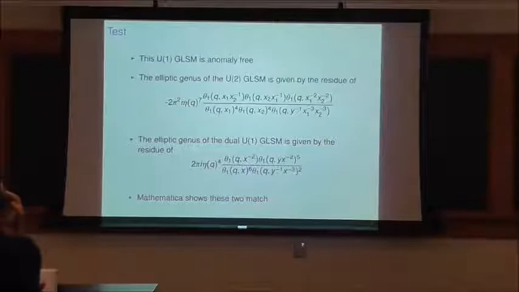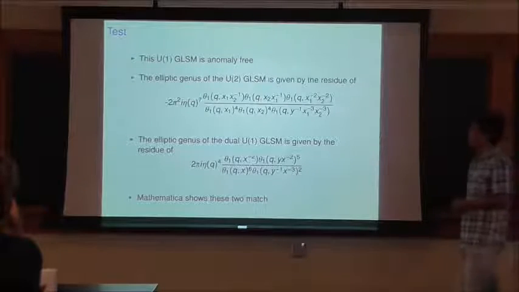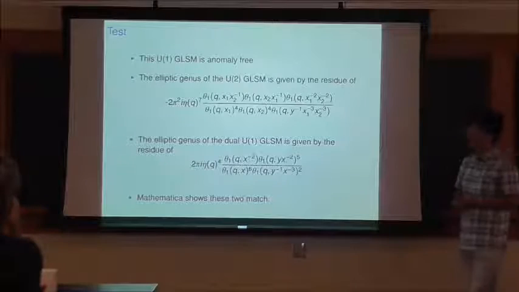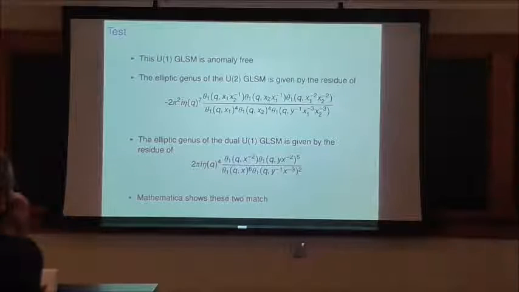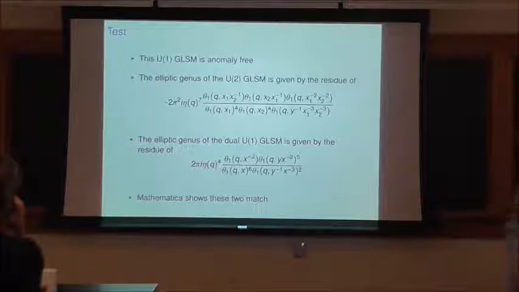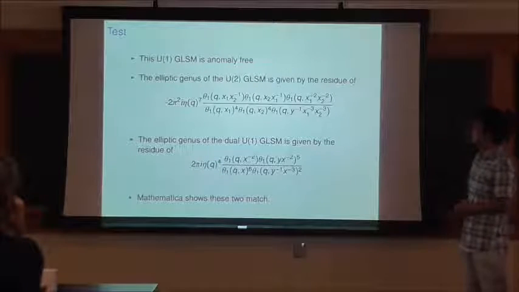And they should be dual to each other, in the sense of two theories flowing to the same IR fixed point. So the first thing you should check is that this new U1 gauge theory is truly anomaly free. By looking at that, you will see that anomaly cancellation in both theories is identical. So if one is anomaly free, the other is anomaly free automatically.